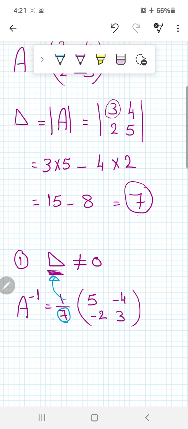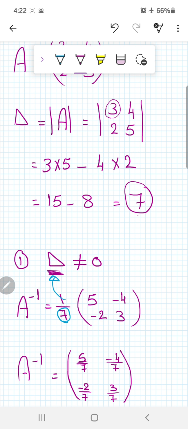Here 1 over 7 means all elements in the matrix are divided by 7. So A⁻¹ here will be 5 over 7, -4 over 7, -2 over 7, 3 over 7. And this matrix is the multiplicative inverse of A.